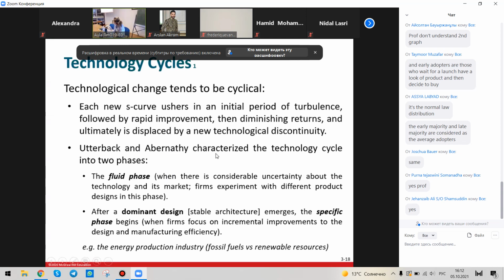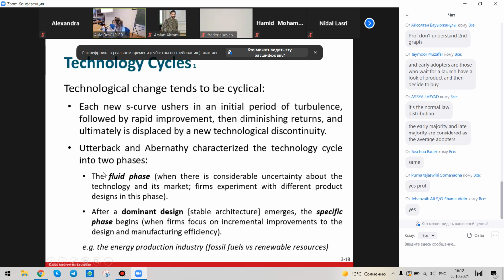We have this first representation that is made by Utterback and Abernathy, two very, very famous scholars in the field of innovation management. They distinguished between two phases.